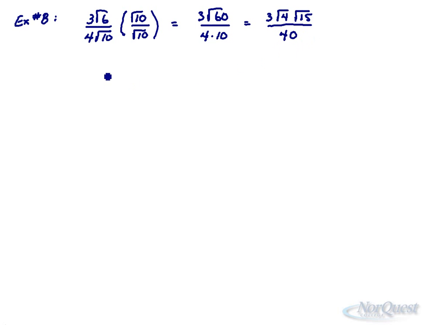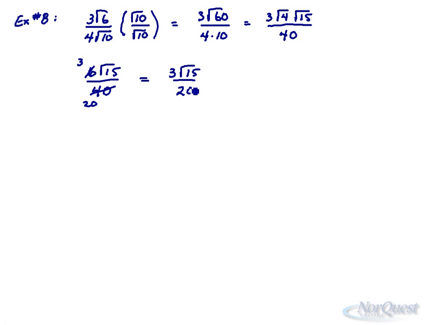Simplify it one step further. Well, root 4 is 2, so this gives you 3 times 2, which is 6, root 15 over 40. Can still divide out a 2 to leave you with 3 and 20, and you end up with 3 root 15 over 20.